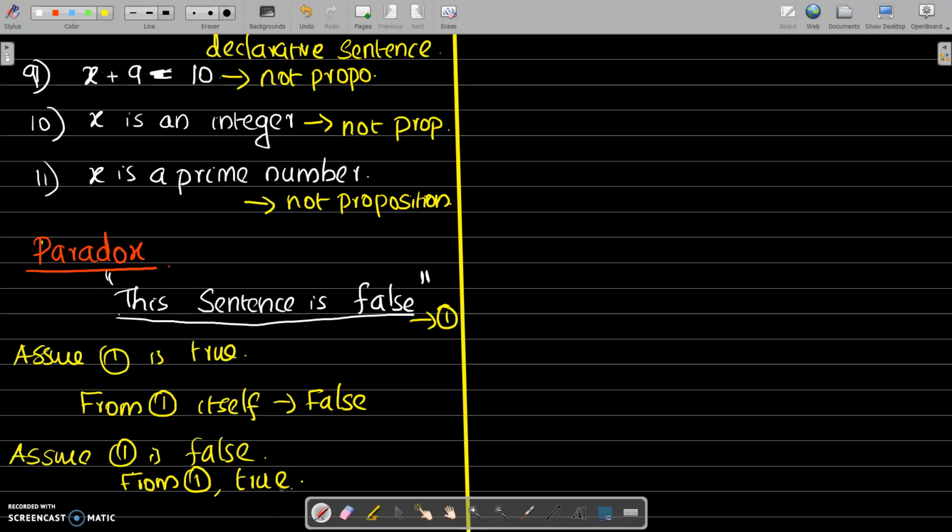That means if we assume it is false, it is true. That is how it comes out.